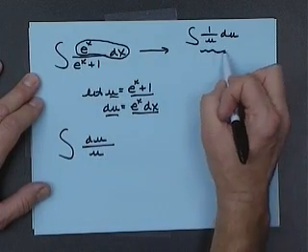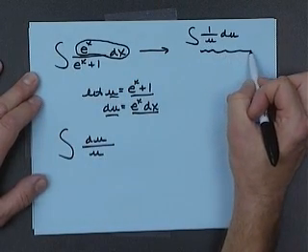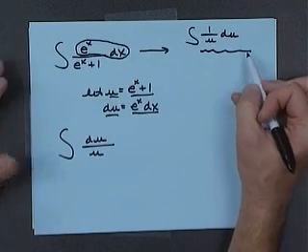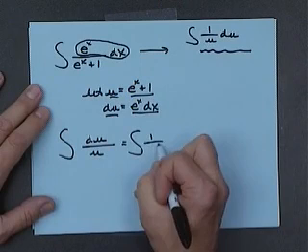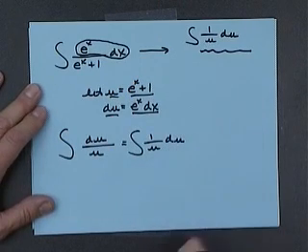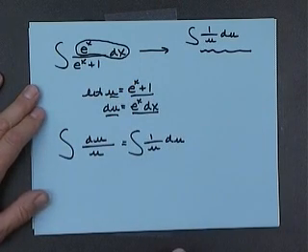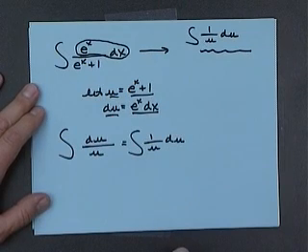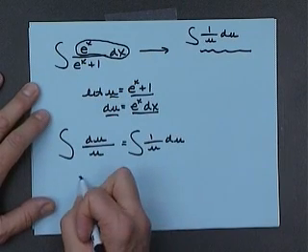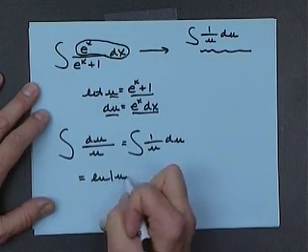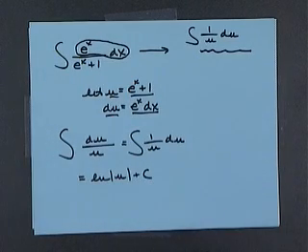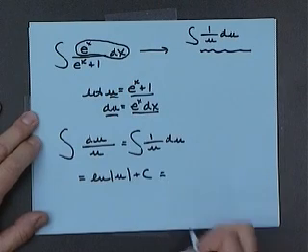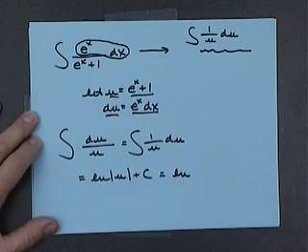Is that this format? It is. And if you don't like du over u, you can write that as 1 over u du. It's the same thing. And what is the integral of 1 over u du? Natural log, absolute value of u. This is an indefinite integral, so plus c. And we can finish by saying it's the natural log of what?